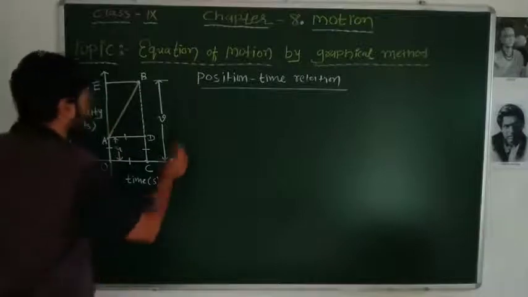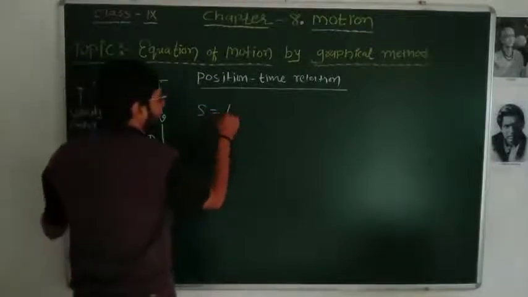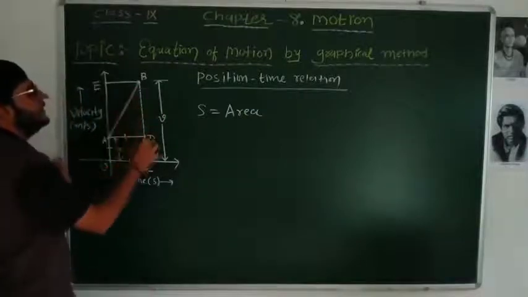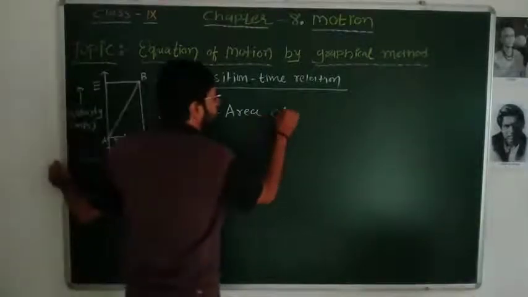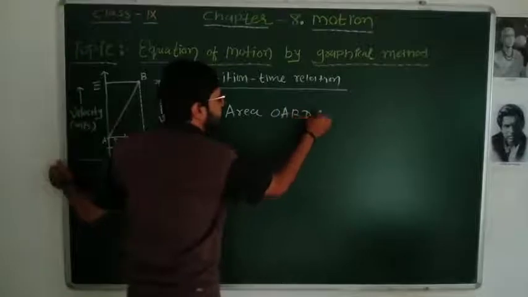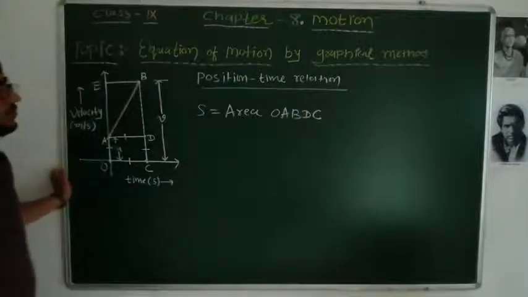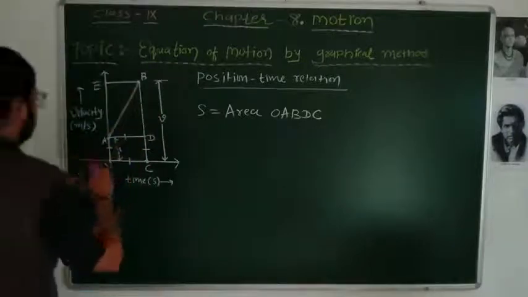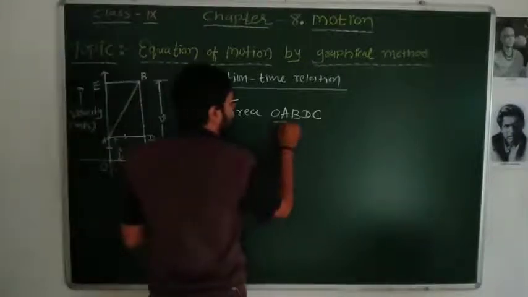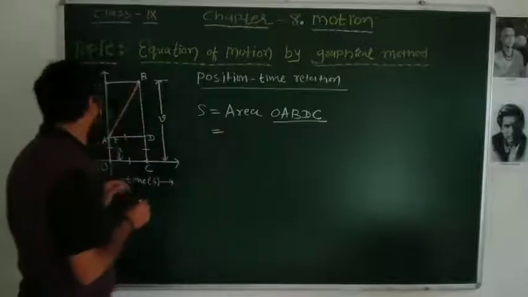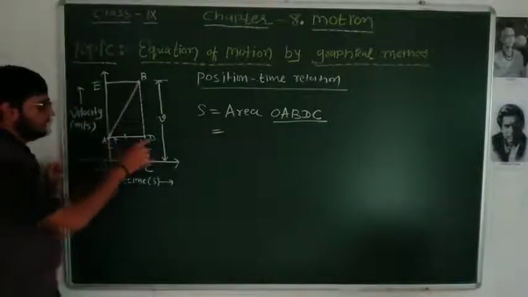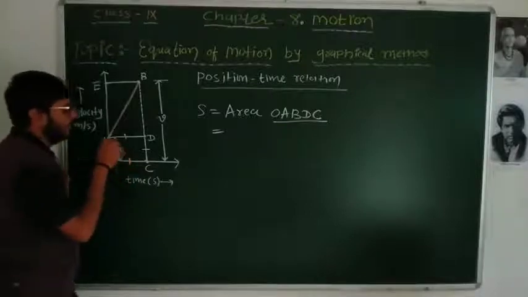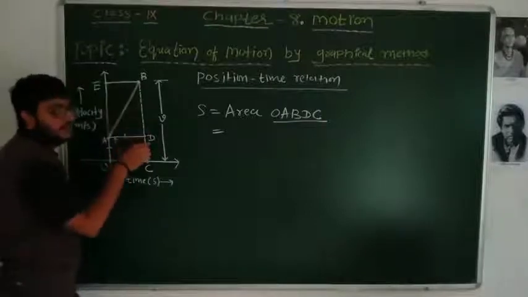So here S is nothing but the area of OABDC. We can define the distance of an object from this graph. The area OABDC is the combination of OADC, that is the rectangle, and ABD, this is the triangle.